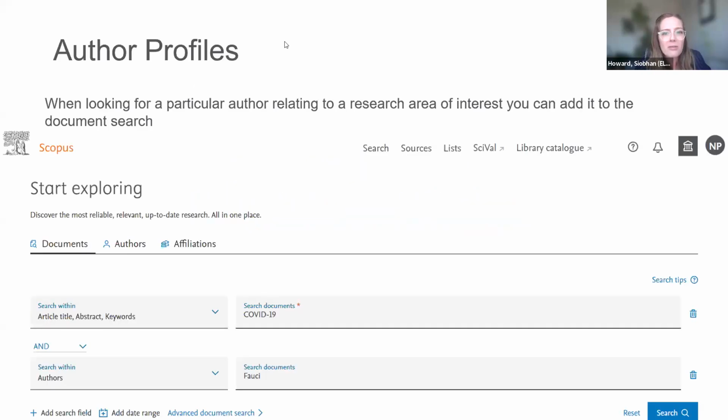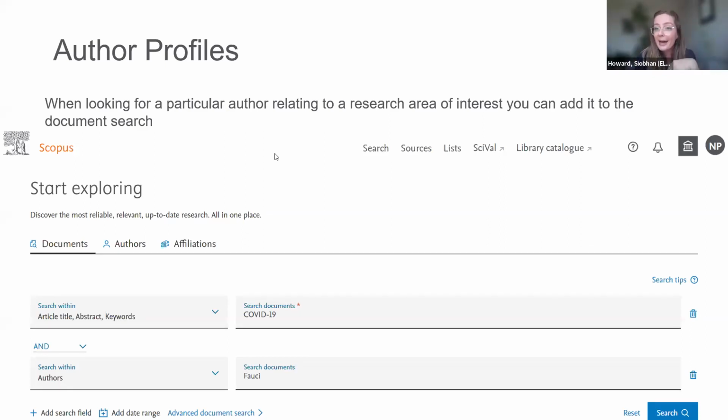All right, so to kick us off, this is actually a screen grab directly from Scopus to give you an idea of how you can be pulling through authors of interest. There are three main ways that you can find an author within Scopus. The first is to build out an advanced query string on Scopus document search. I could use the document search to highlight a certain area, for example, COVID-19.